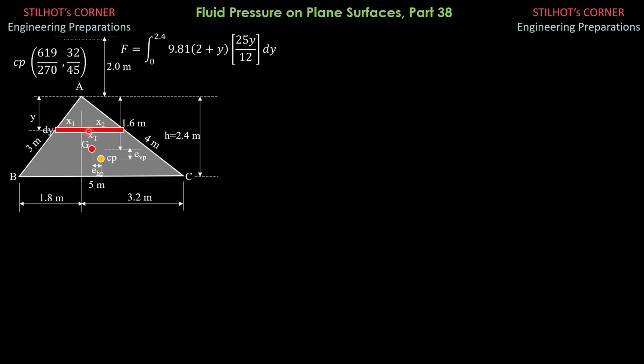half of xt. Imagine we have a right triangle here in integral form, and df, a differential force, acts at the centroid of this rectangular strip. So it is half of xt. Then we draw a line perpendicular to AB. The moment of df about AB is the integral of df times that distance.